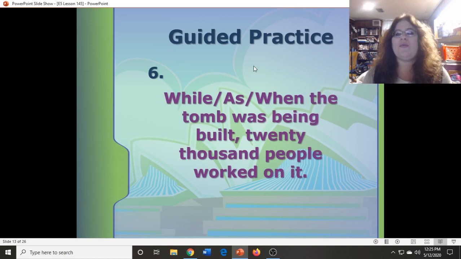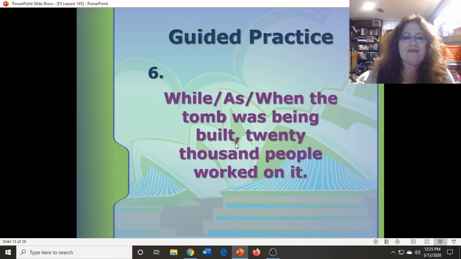There's a couple of choices. While the tomb was being built, 20,000 people worked on it. As the tomb was being built, 20,000 people worked on it. Or you could say when the tomb was being built, 20,000 people worked on it. Notice there's a comma after built because you're separating the dependent clause from the rest of the sentence. Okay?